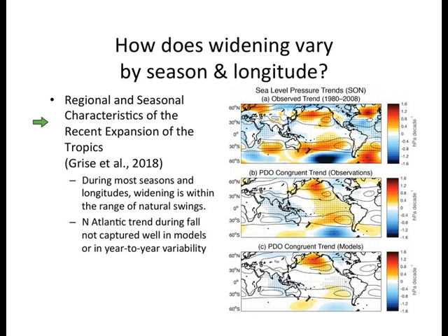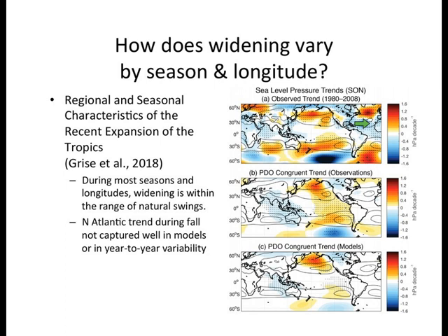So if you look at observed trends in sea level pressure, one thing they found is that during September, October, and November, over the North Atlantic, you see a strong dipole shift with respect to the climatological ridge over the North Atlantic. So that suggests a strong poleward shift over the Atlantic.